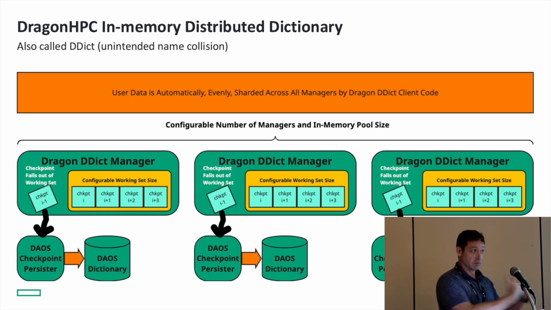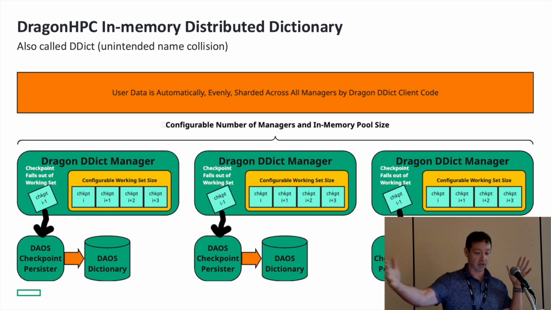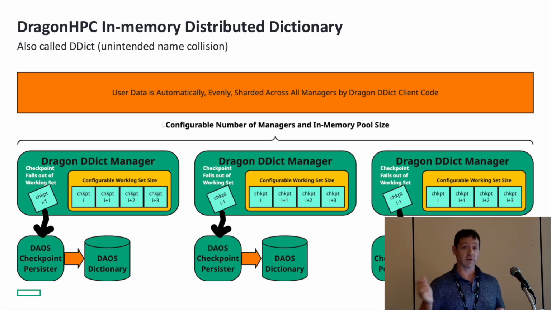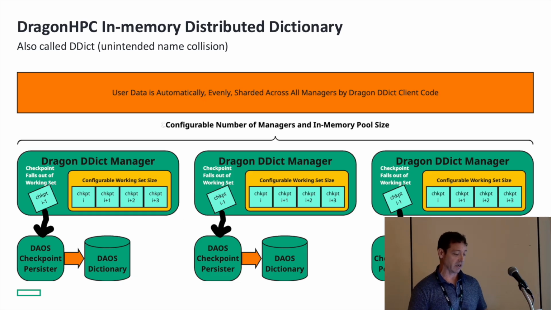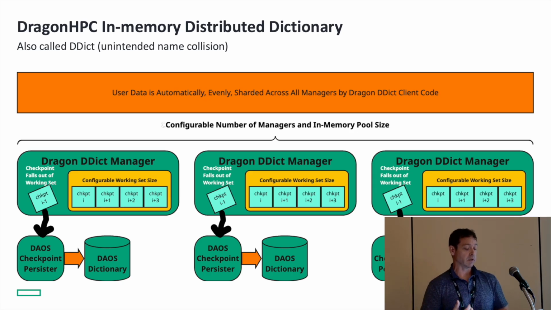So you can create a small dictionary for one use case and right next to it make a really big one. We were doing things like that with our colleagues at Argonne, building out some drug discovery workflows that we're scaling up, and that's the case that we're running at around 3,000 nodes right now.